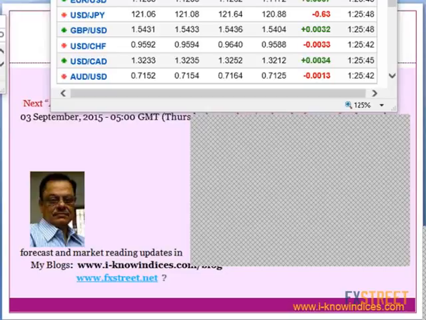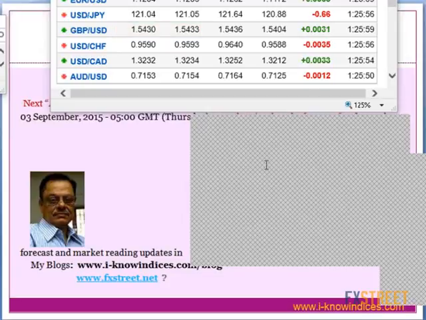The GMT time does not change. Only the session timings change. GMT time remains the same all through the year, and only the session timings change because of daylight saving being switched on and off.